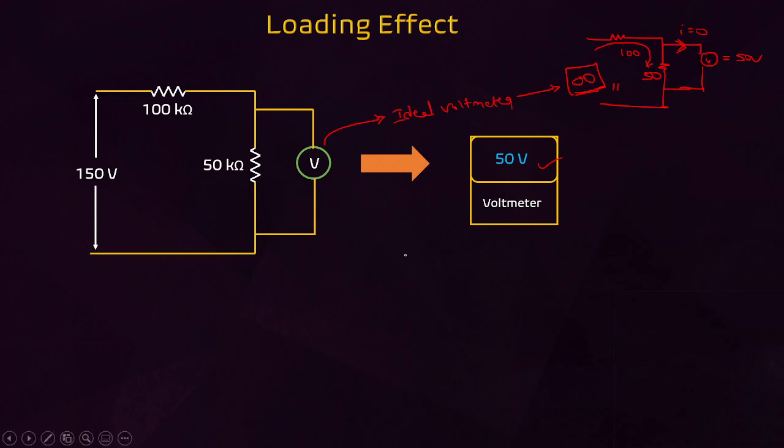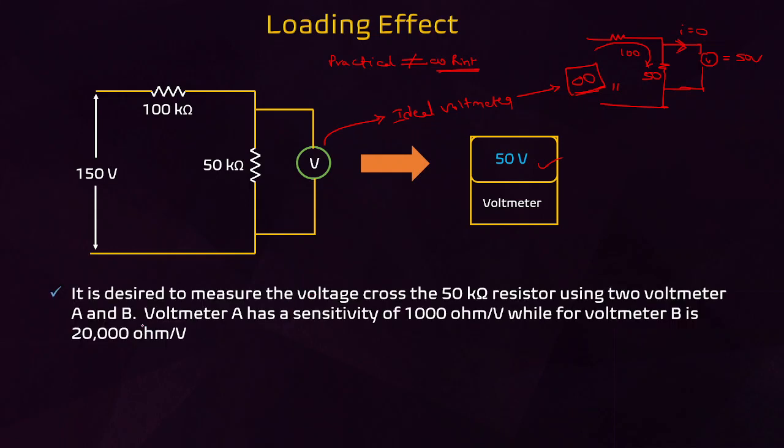Now let me take two cases. Here I dealt with an ideal voltmeter, but practically the internal resistance will not be infinite, right? Then we need 2 voltmeters. Let me take 2 voltmeters.